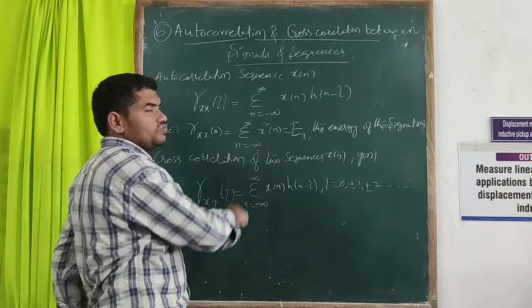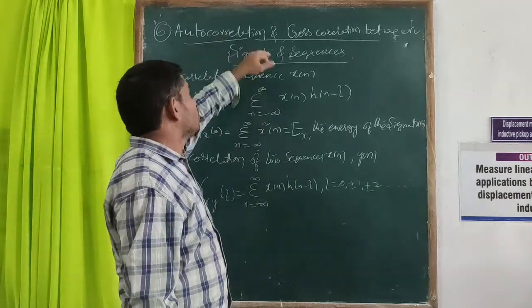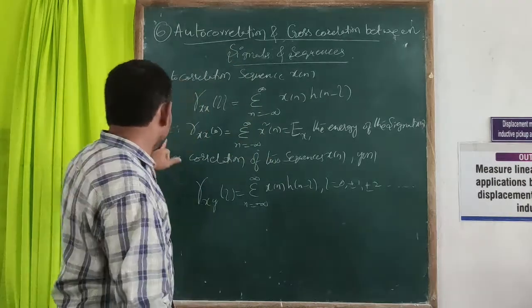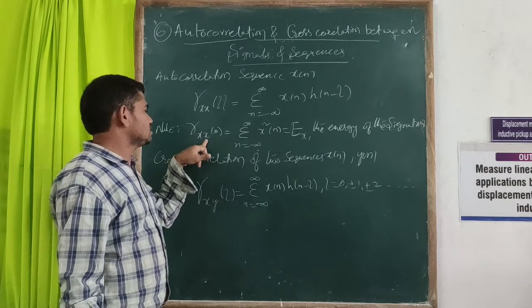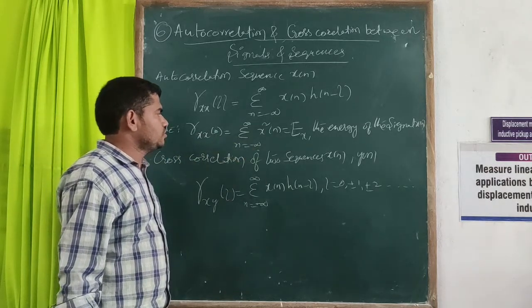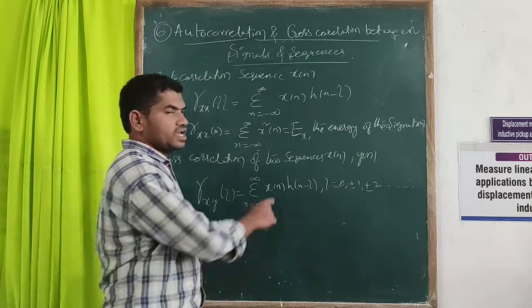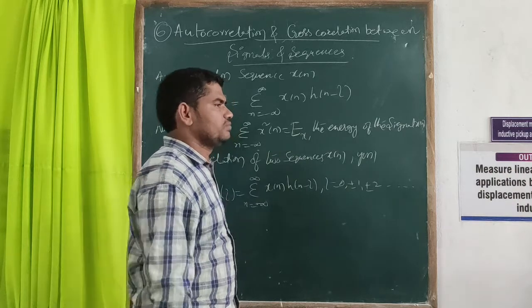By using this, we find the convolution and the autocorrelation of the given signal. Here r of x x of 0 equals the summation of x square of n, which is equal to Ex, the energy of the signal.